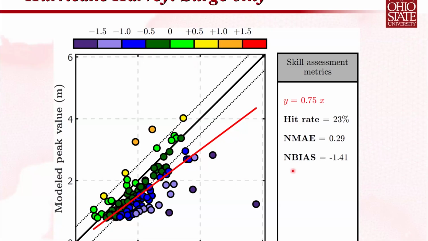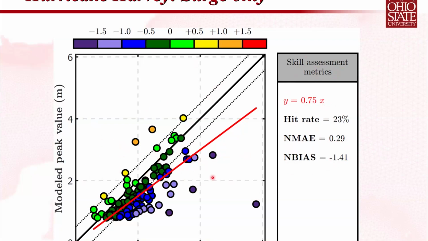On the right pane here, I'm reporting some skill assessment metrics. One is the slope of the best fit line, which ideally we would want to be 1. Here it's about 0.75. This is the normalized mean absolute error, which is about 0.29 in this case. And then this gives us a negative bias, indicating that in general, the model is under-predicting.